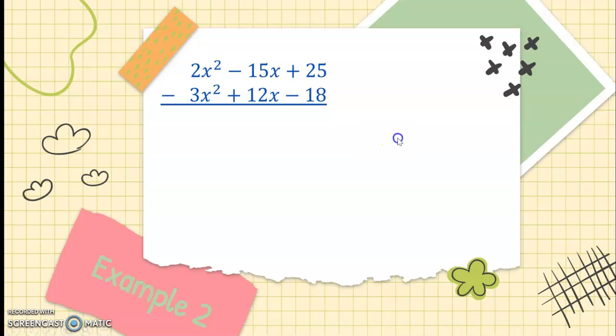So, anong himuon tadi? So, since it is already arranged in similar terms by column, here, we have to change the sign of the subtrahend and proceed to addition rule. So, ang subtrahend ta, ang ikaduwa nga mga terms. So, we have 3x squared plus 12x minus 18. So, i-change na ang iyang sign and then ma-proceed kita sa addition.